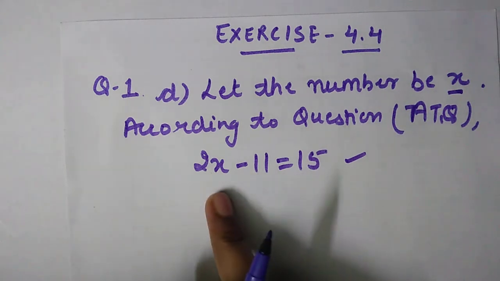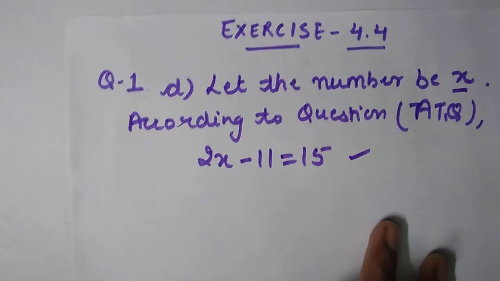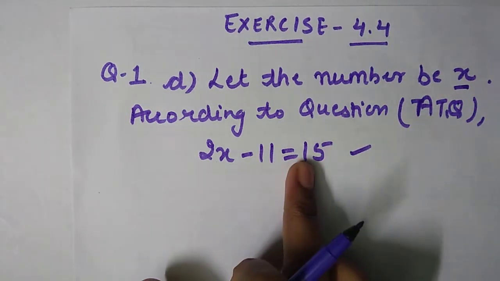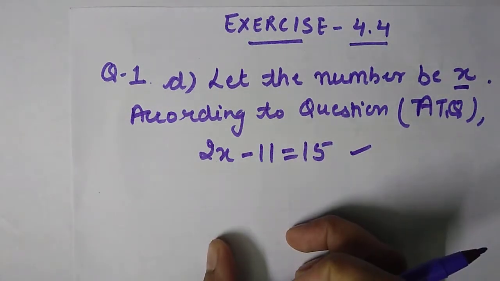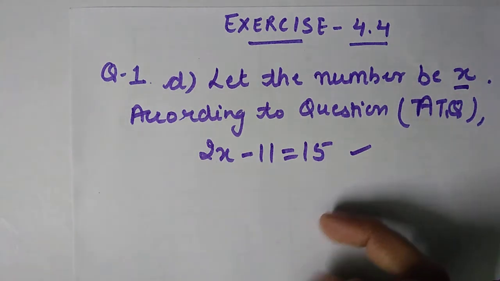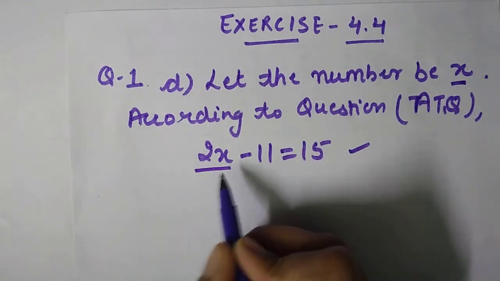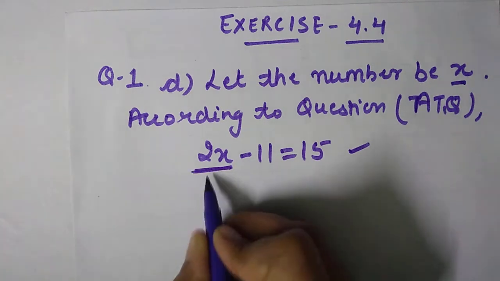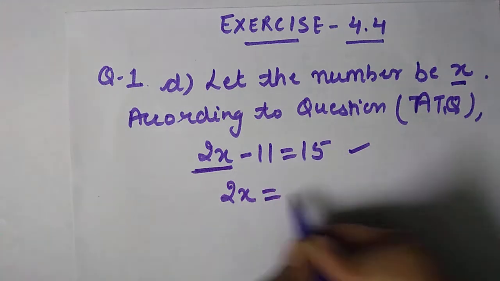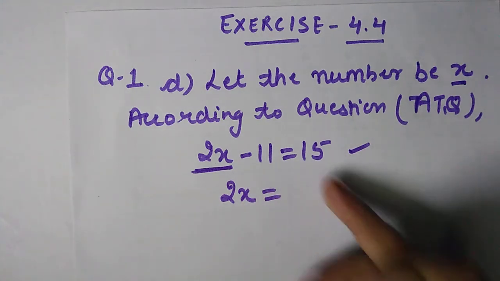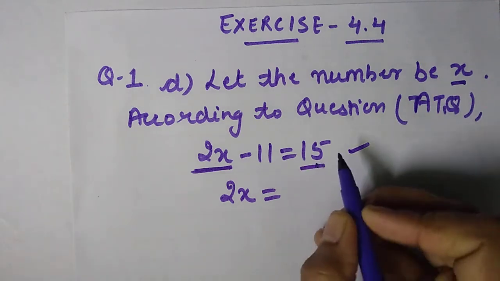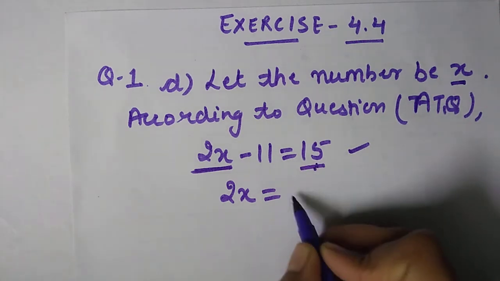Now we need to find the value of x. So again it means we need to solve this equation. I will collect the terms having the variable on one side and constants on the other side. This is the term having the variable, so I will keep it on the left hand side. Now I will collect constants on one side. It is 15 and this is already on the RHS, so I will write it the same.